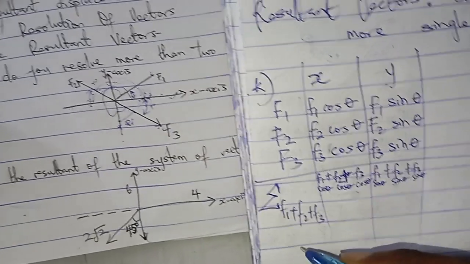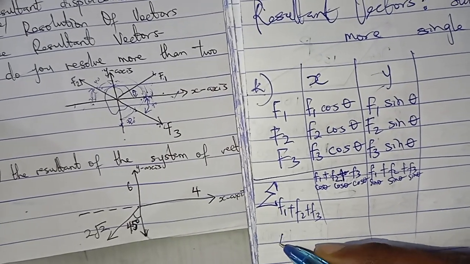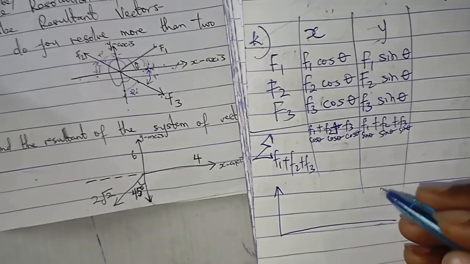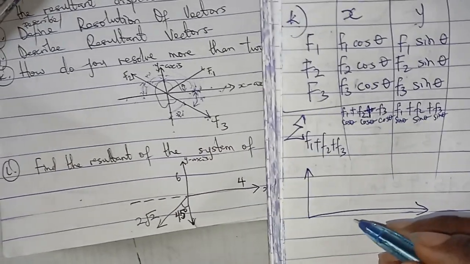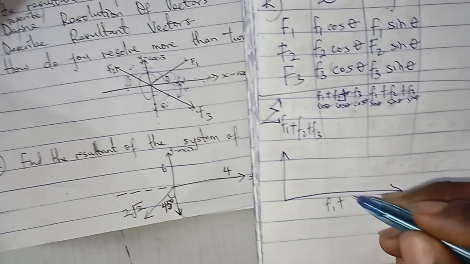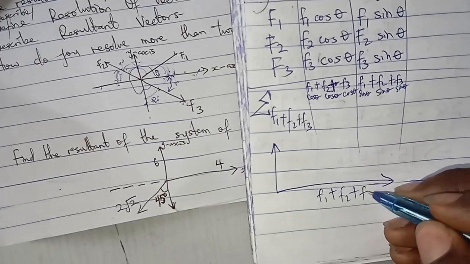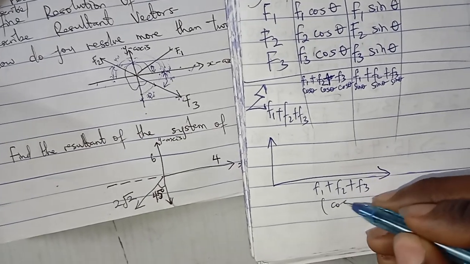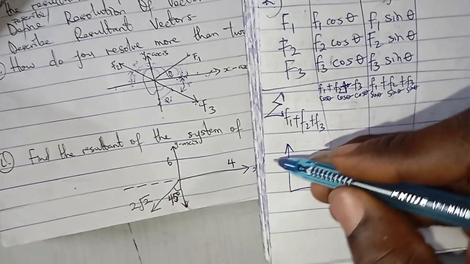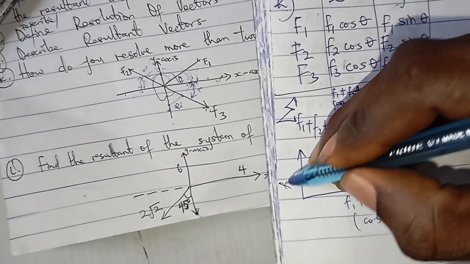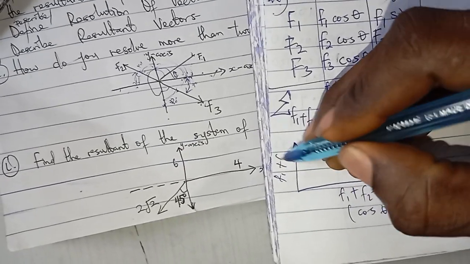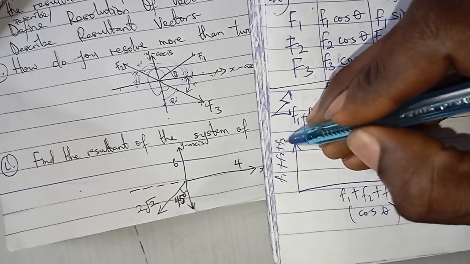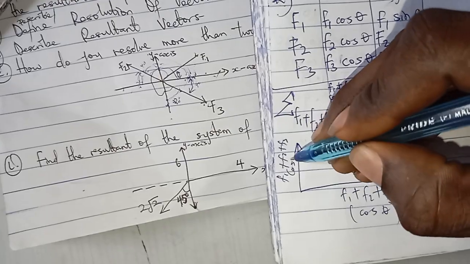By the time you finish doing it, to find the resultant now, you have created everything here to be on the x-axis, F1 plus F2 plus F3 with the cos thetas. Then for y, F1 plus F2 plus F3 with the sine thetas.